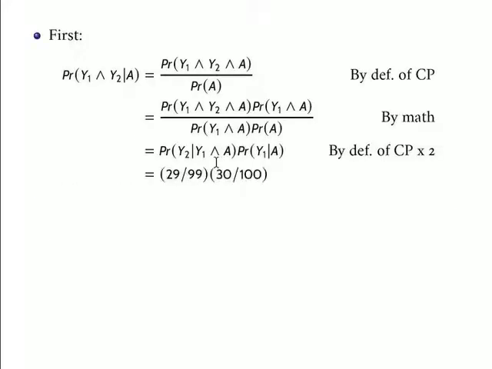And we simply determine that we're now drawing on the second draw from an urn which has 99 marbles in total, and 29 of them are yellow and 70 are red, because we have an urn with 30 yellow marbles and 70 red ones, and then we take one yellow one out of it and do not replace it. And that means that the probability of drawing a yellow after that will be 29 over 99.